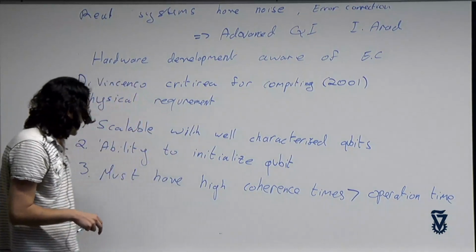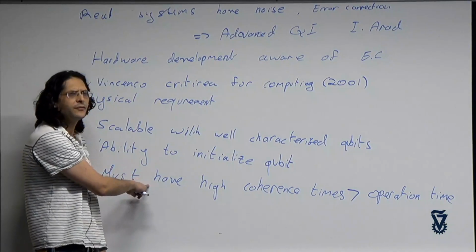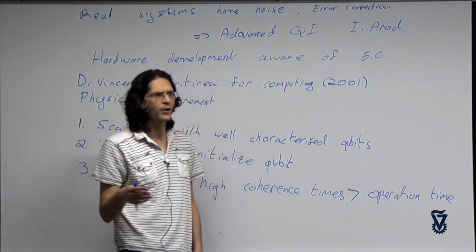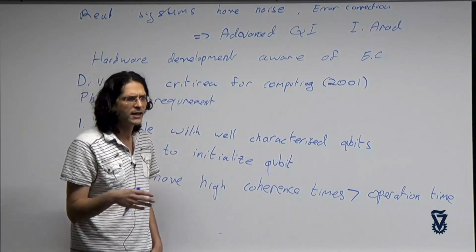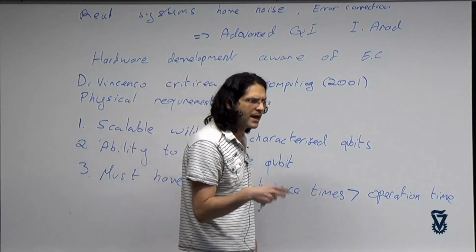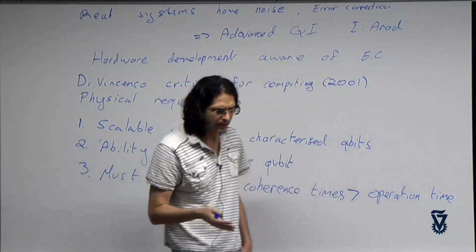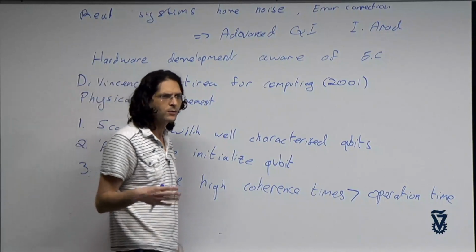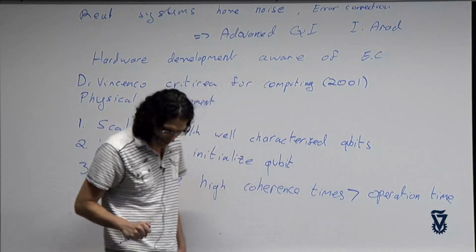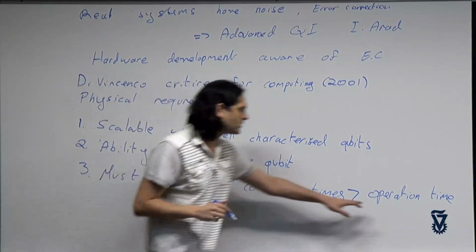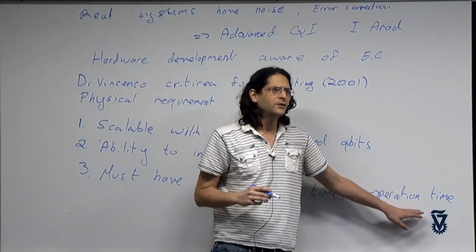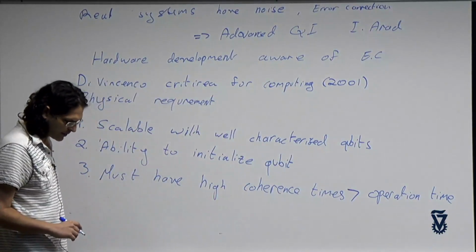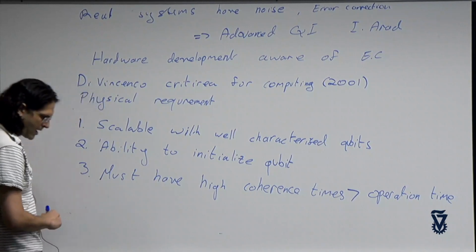I would add that this may not be sufficient, because maybe I have coherence times of a year, but if a single operation takes me a few days, and I have an algorithm that takes, I don't know, 10,000 operations, then waiting a few days times 10,000 really makes it impractical. So I would say that the operation time itself also has to be small on a human scale. But I don't think that's a big issue. But just to mention that.